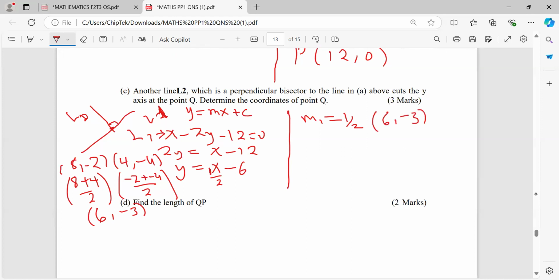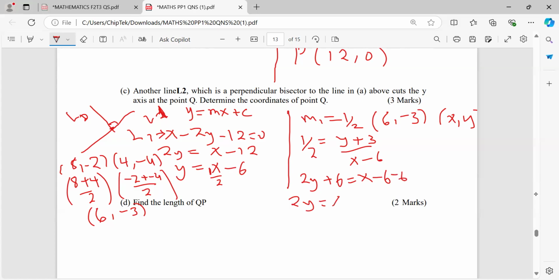Sasa tuweze kutafuta equation. So tuna assume kuna point ingine x, y, y minus negative 3, which is y plus 3 over x minus 6. So cross multiply, itakuwa 2y plus 6 equal to x minus 6.